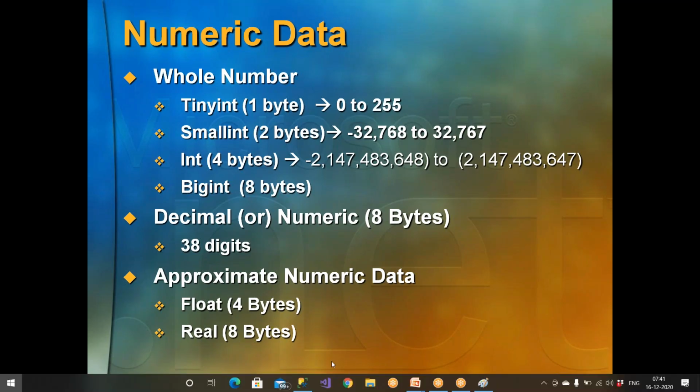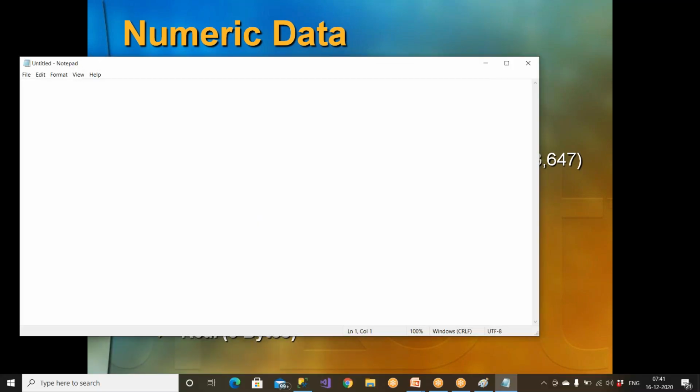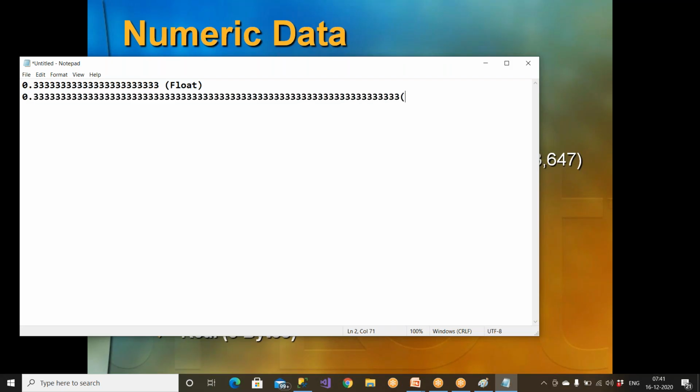For example, if I store approximate, meaning recurring numbers, 3333 up to this a float can store, and 0.3333 the other can store much more, up to this, some more. So this is more accurate than this. Here it is only 4 bytes, so the 8 bytes one can store some more digits.